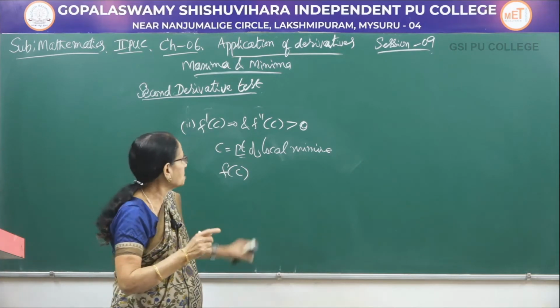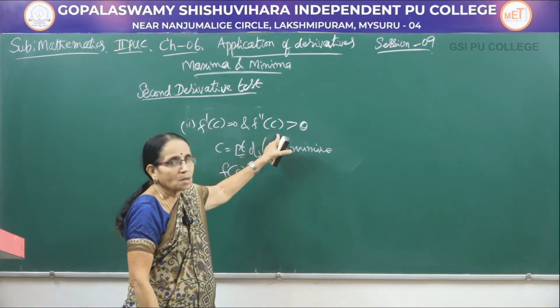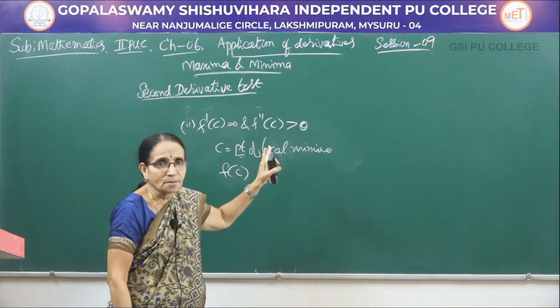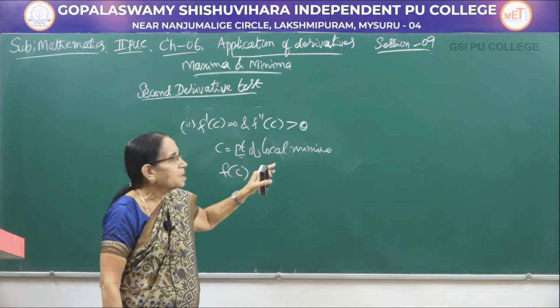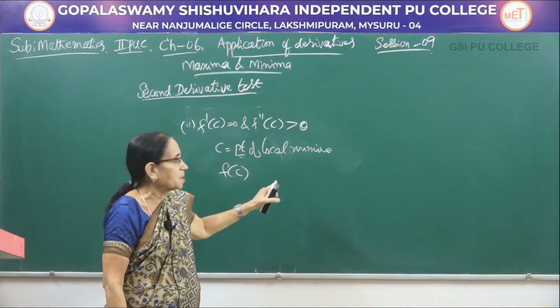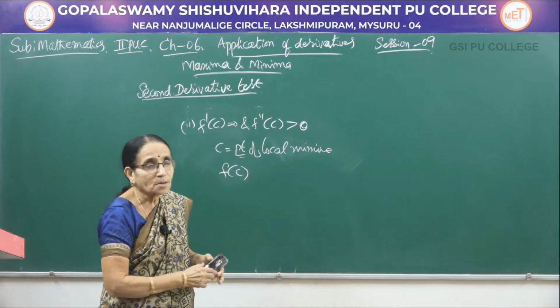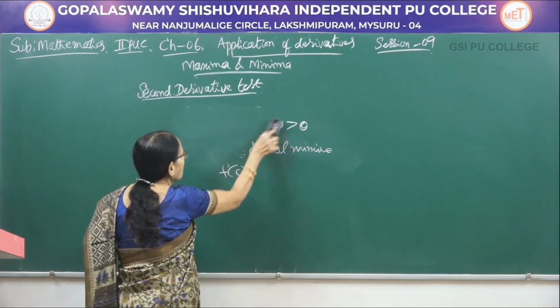So, f dash C would be 0 in both the cases. If the second derivative is negative, less than 0, it is a maximum point. If the second derivative is greater than 0, it is a minimum point, and the value of the function at that point is called the local minimum value.